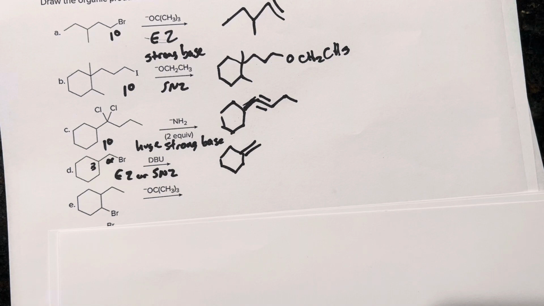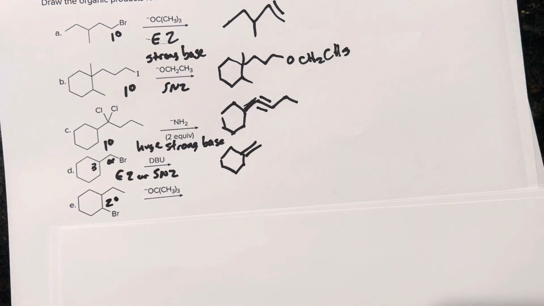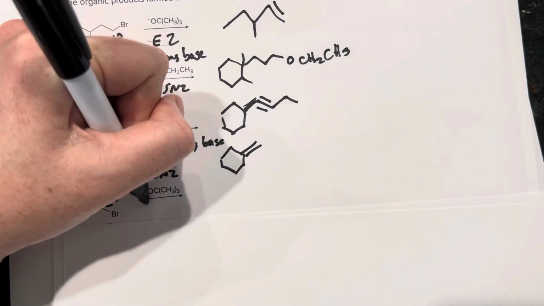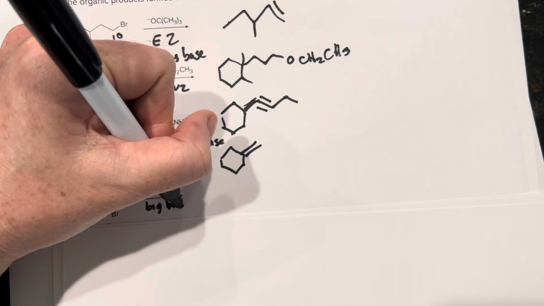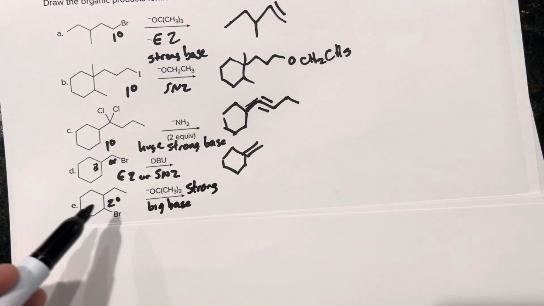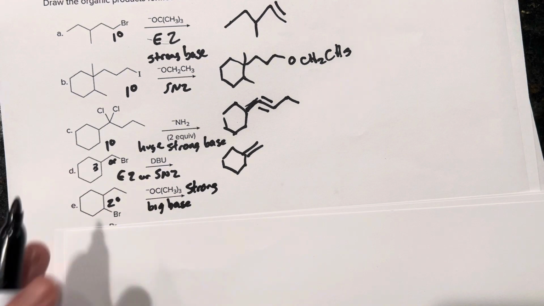Okay, E. What do we got? We have a secondary there, so that leaves a lot of options. It could be SN1, SN2, E1, E2, but big, bulky base. It's also strong. When it's a big, strong base, that immediately limits all the ones, the E1 and the SN1, right?